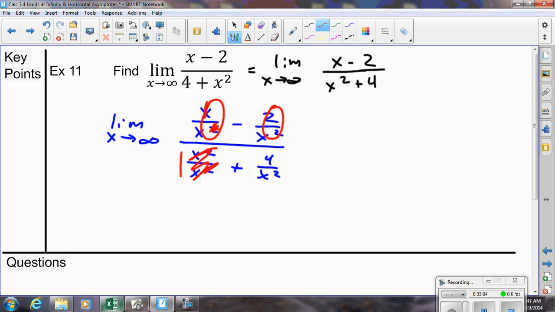And 4 over x squared is also going to 0. So we're looking at 0 minus 0 over 1 minus 0. The piece we would note is that the degree of the numerator is less than the degree of the denominator, so it's 0.